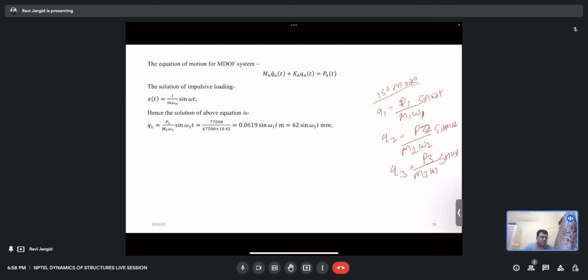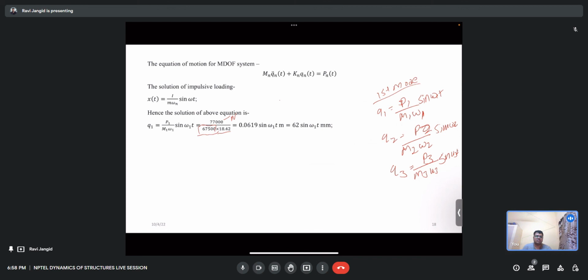If you put the values for q1, q2, q3, like p1, m1, which we have calculated earlier, that is 67,500 in all the cases, and omega 1 is 18.42, p1 is given as 77,000 Newton.